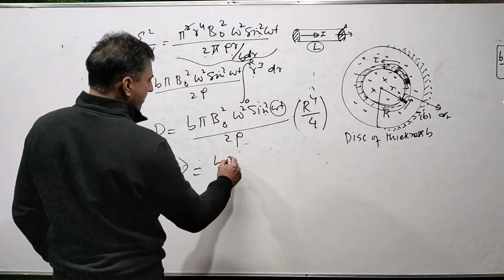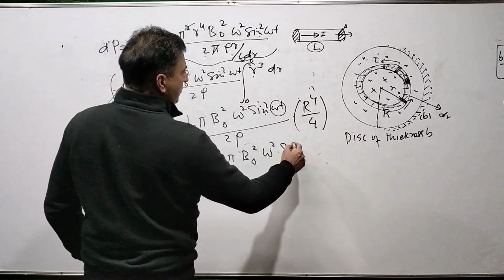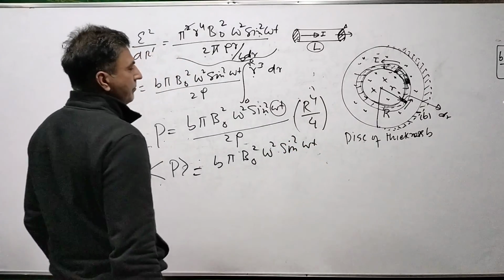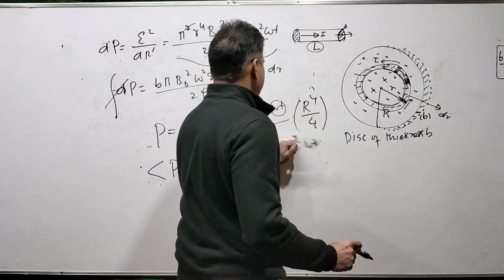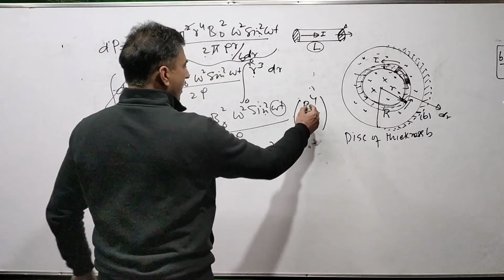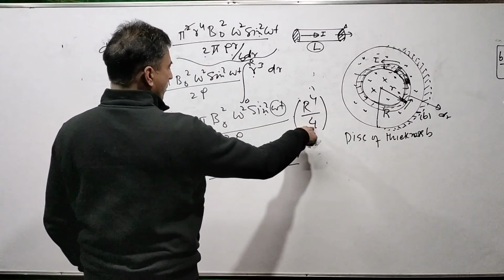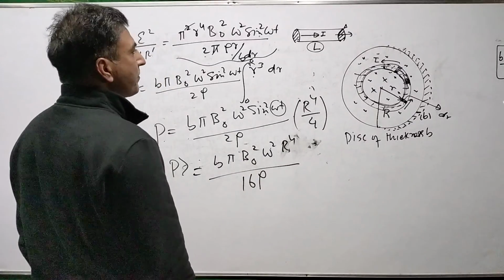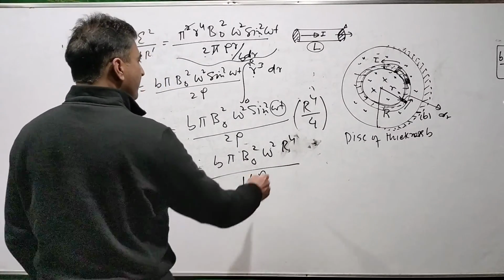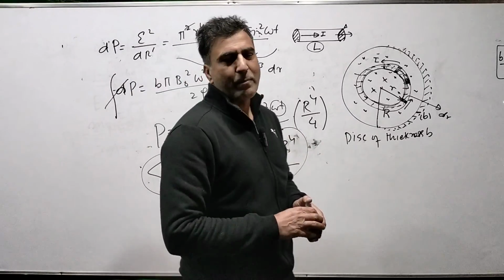So it is b pi B zero squared omega squared, not sin squared omega t now, because it is 1 by 2. R to the power 4 by, it is 1 by 2, it is 4, it is 2, 16 rho. Okay? This is the average power produced in the disk in the form of heat.